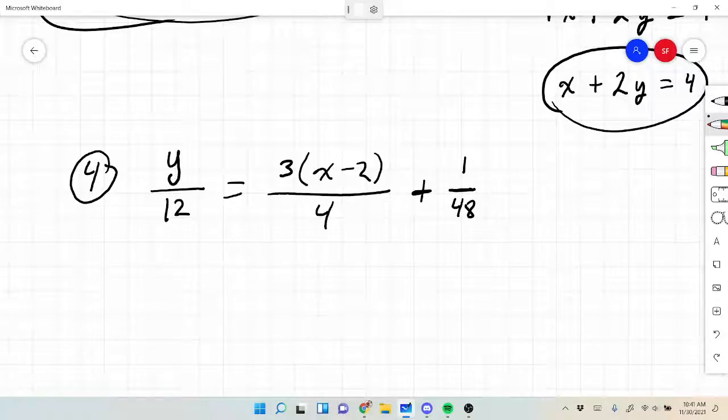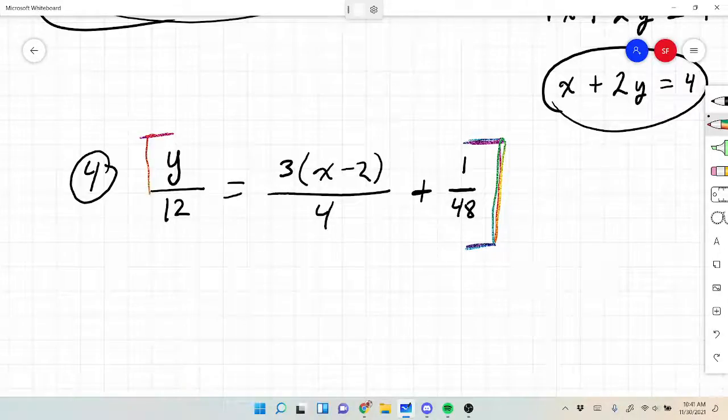Okay. So we're going to do our big bracket. And then we want the least common multiple between 4, 12, and 48. 4. That's the smallest common factor. Least common multiple. 12.